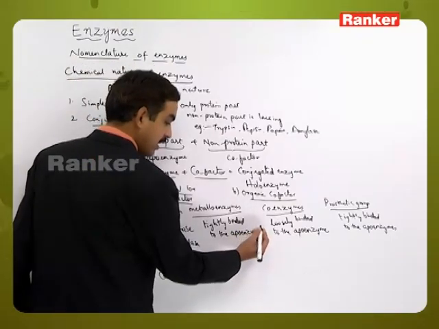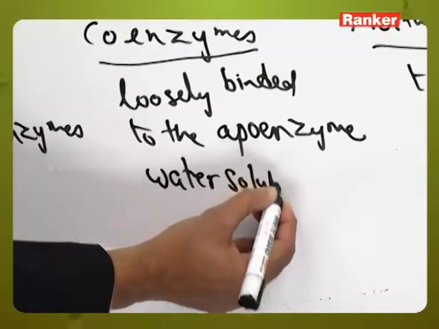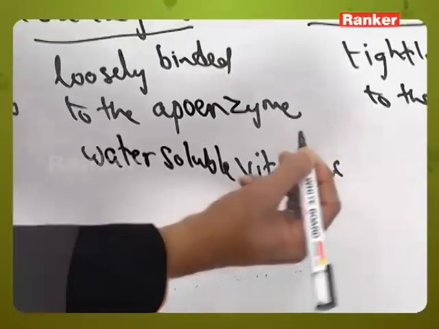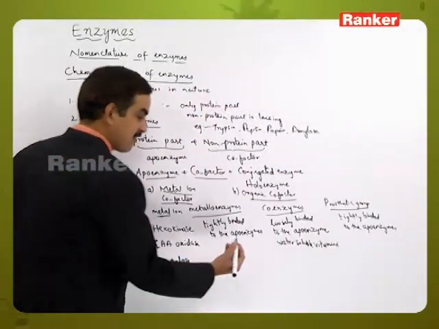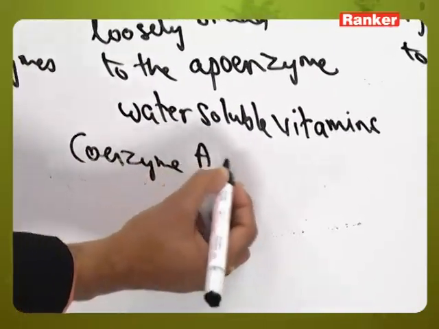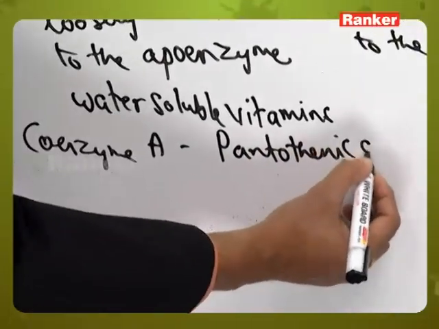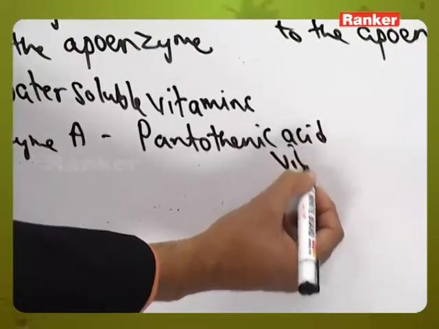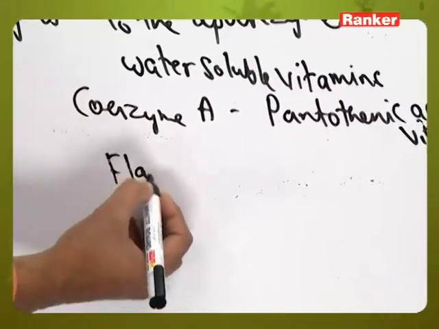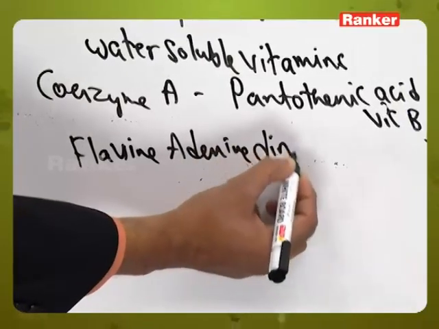These are derived from water soluble vitamins. The organic cofactors are derived from water soluble vitamins. Let us take some examples, like coenzyme A, which has been derived from pantothenic acid, that is vitamin B3, and FAD, flavin adenine dinucleotide.